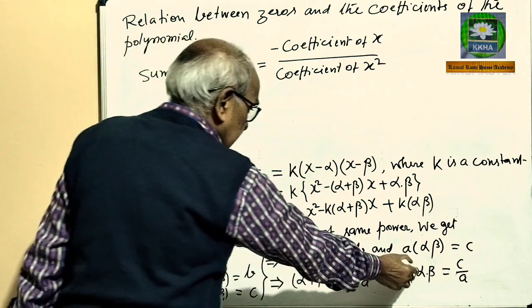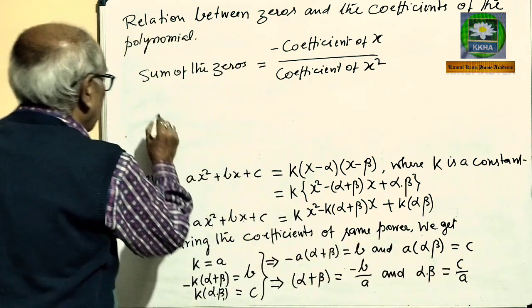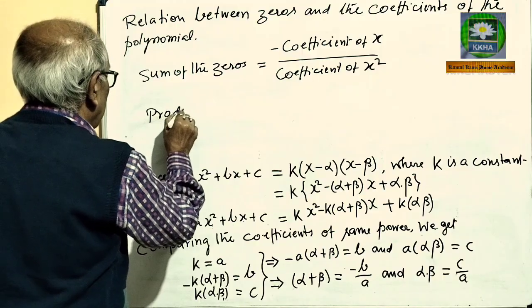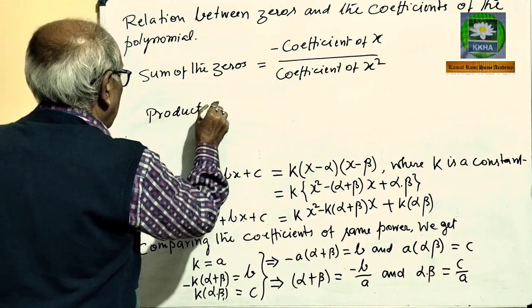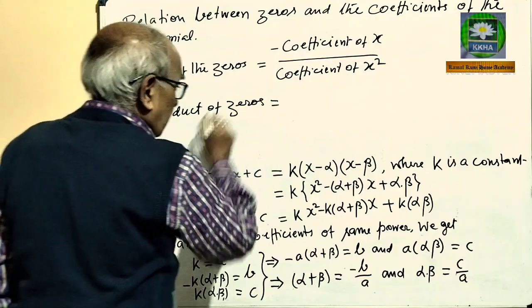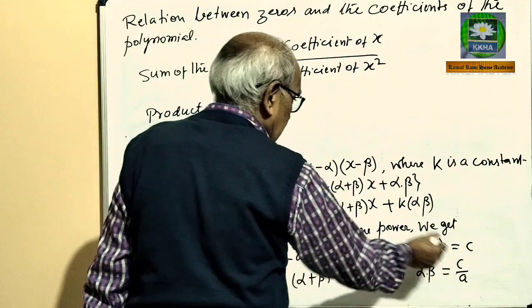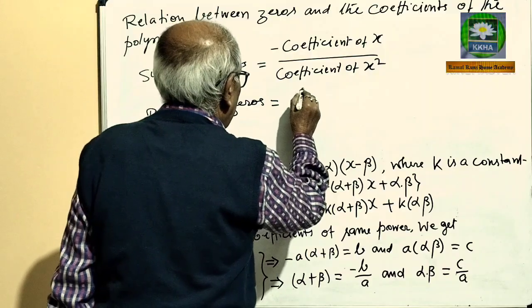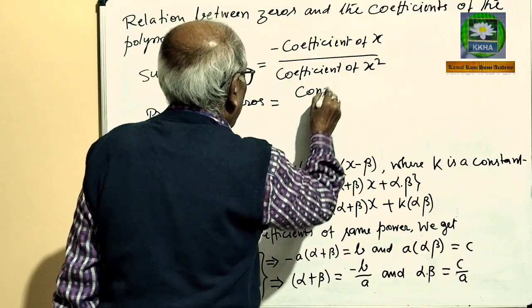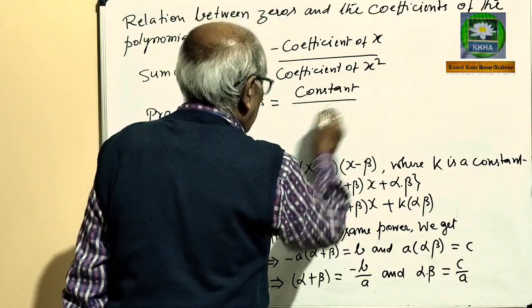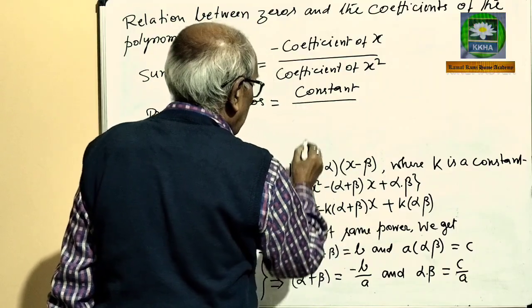And this is the product of zeros. So the product of zeros is equal to c, the constant term in the quadratic polynomial, divided by the coefficient of x square.